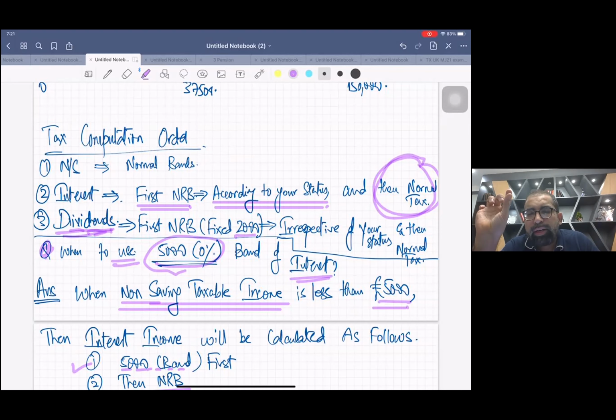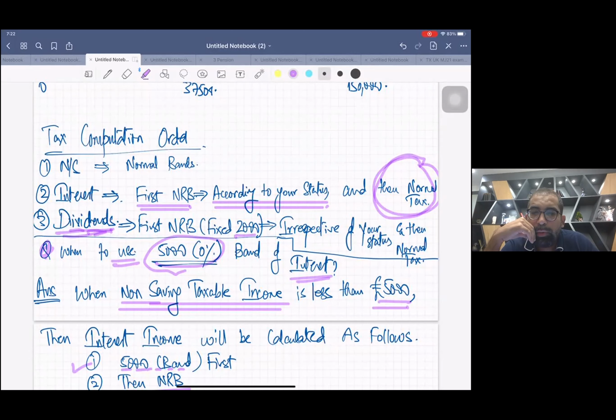So I repeat, for dividend income, the tax computation order is first the NRB, which is 2,000, and then normal tax. NRB means 2,000 times 0%. In shortcut, whenever you need to calculate tax on dividends, just do 2,000 times 0% and then normal dividend tax. Okay, this is the order.